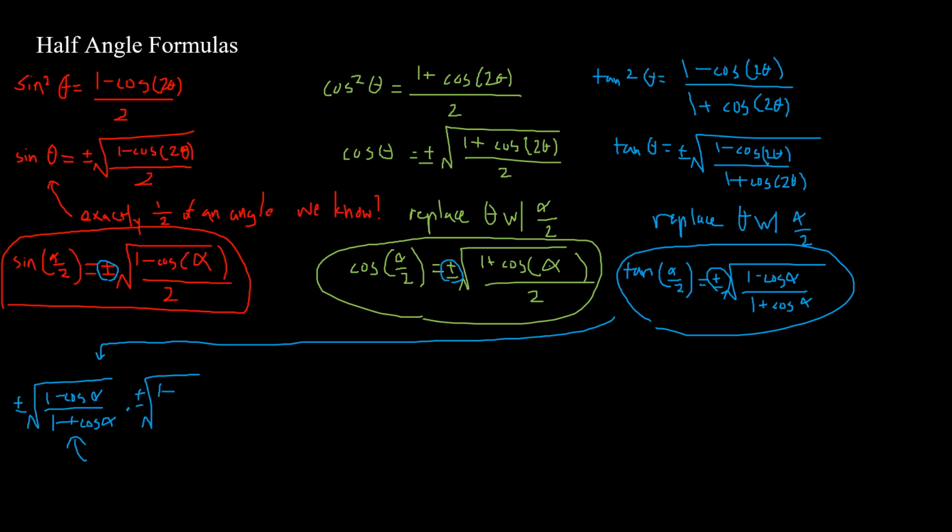Actually, I'm going to split up the terms. So what if we multiplied everything by plus minus square root of 1 plus cosine alpha over plus minus square root of 1 plus cosine alpha? If we multiply these things together, the signs are all going to be positive.